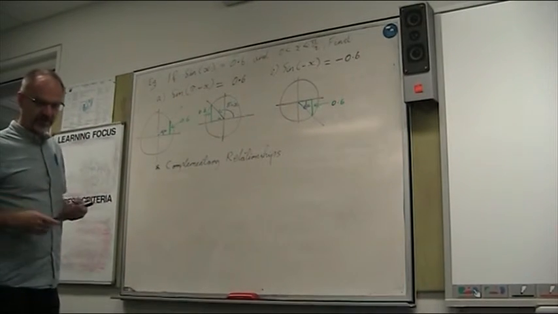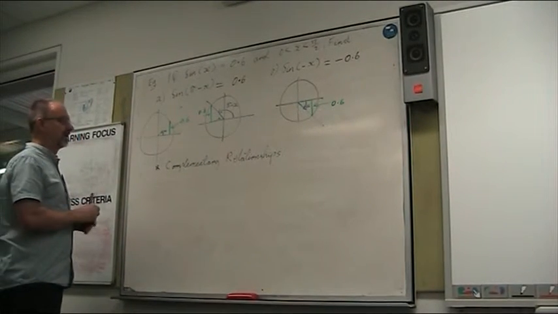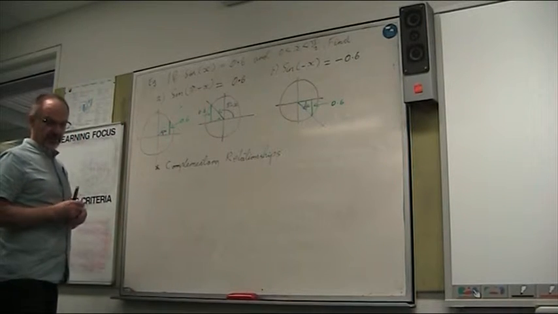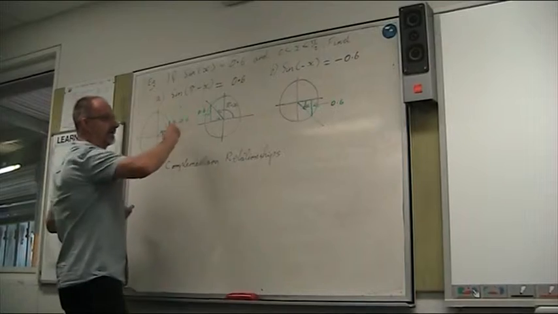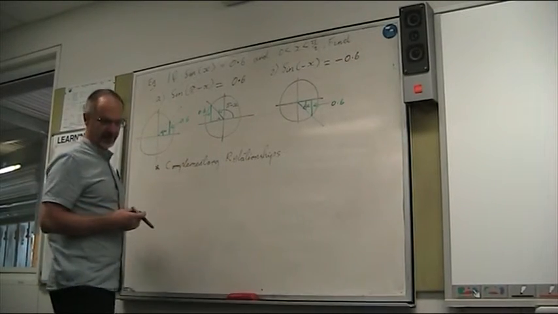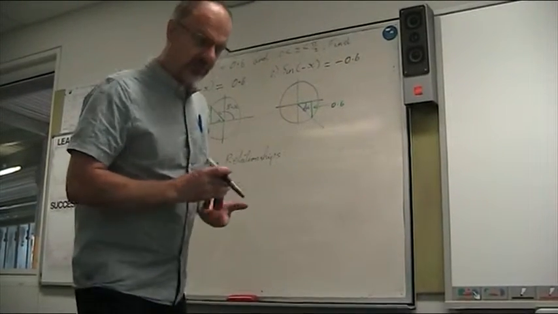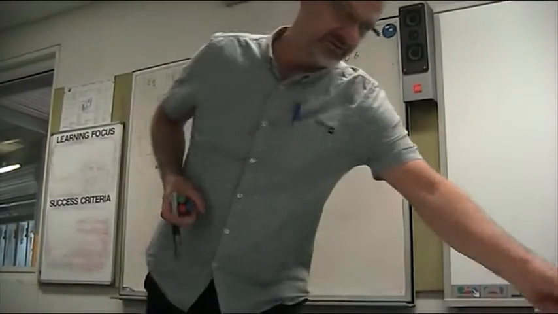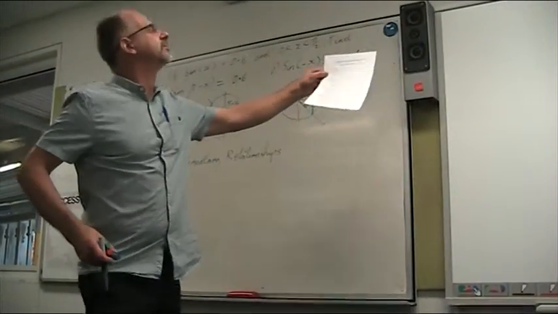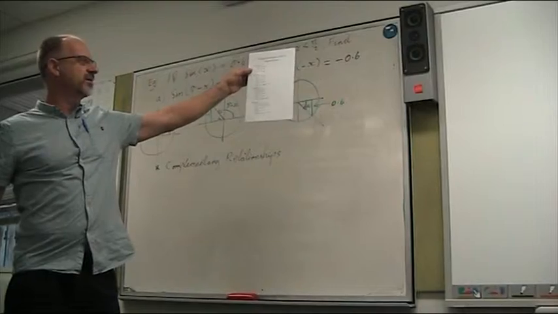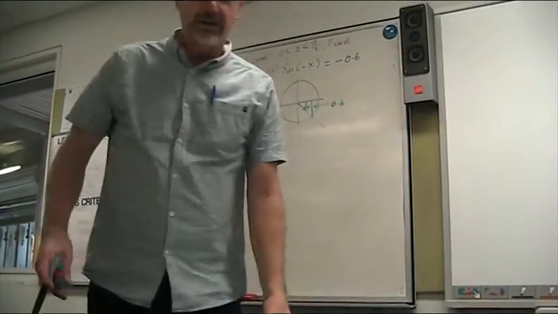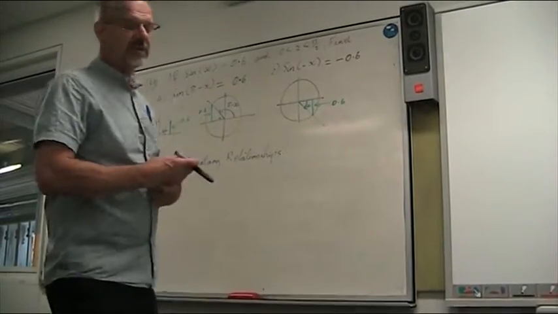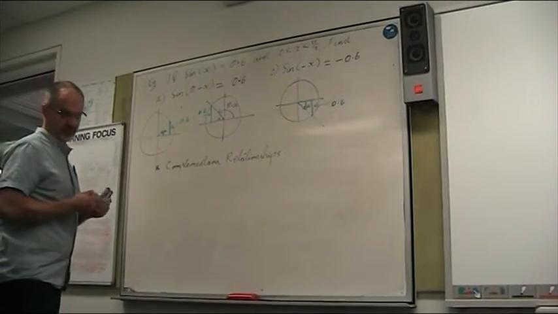So the sine and cos values in that, and tan, sine and cos in particular, are related to each other, and there's a whole host of those on that complementary properties sheet there. So sometimes you need to use those.